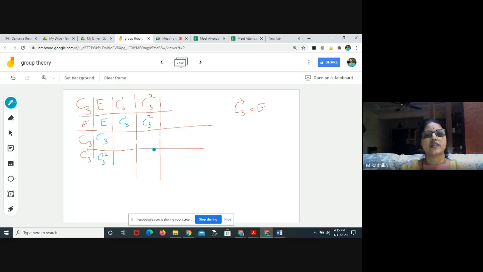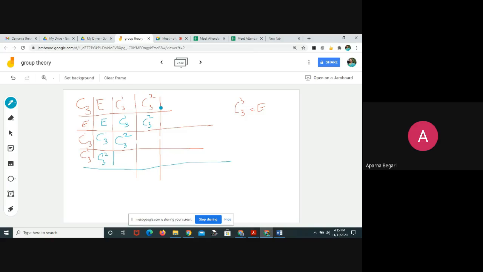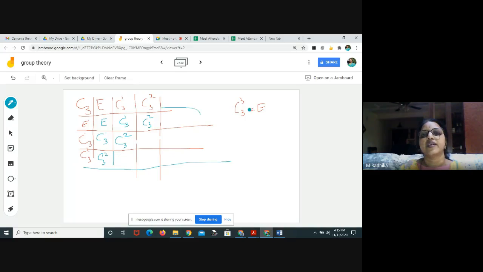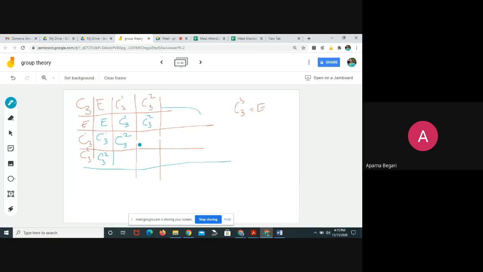But now we'll see what the other things are here. See what happens. C31 into C31, what do we get? C32. Very good. So if you see this, you will understand, right? C31 into C32, that is C33, nothing but your E. Very good.